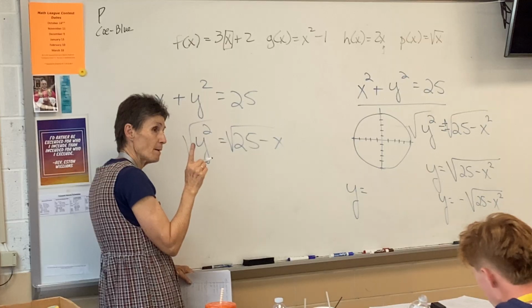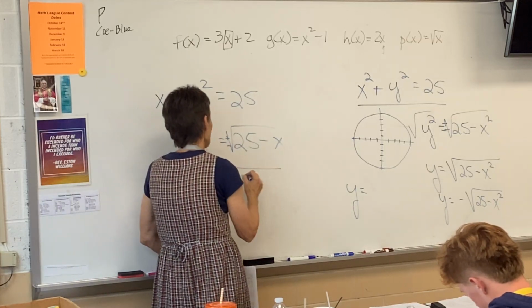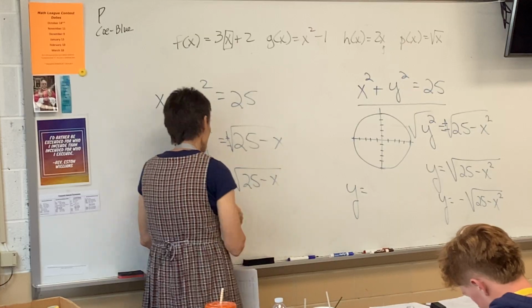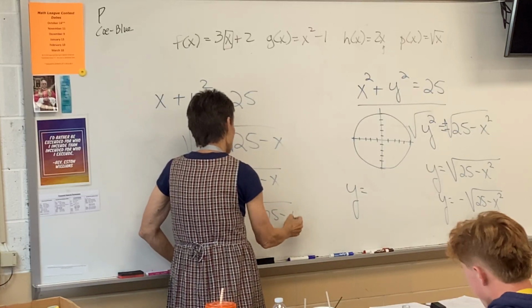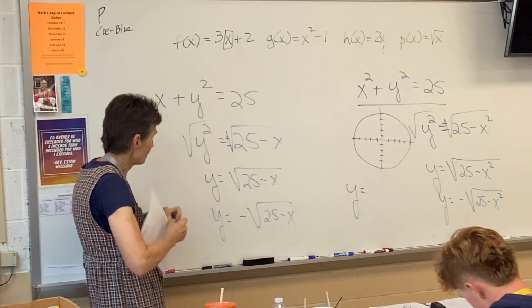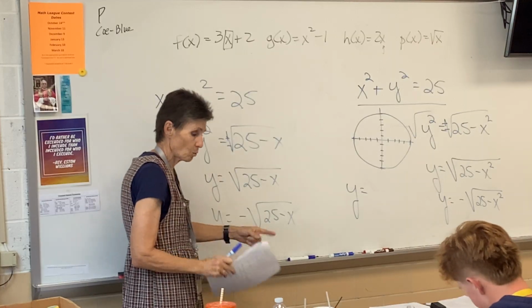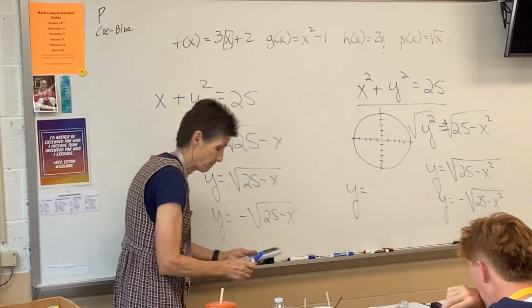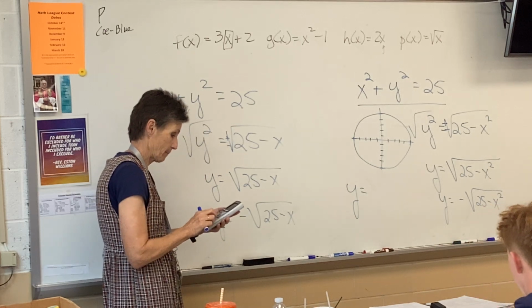But what do I have to remember? Plus or minus. So your implicit functions, guys, make sure you can write these down because that'll be a test question. What are the implicit functions? In this case, they will be square root of 25 minus x and negative square root of 25 minus x. So let's see what those look like. What the heck?